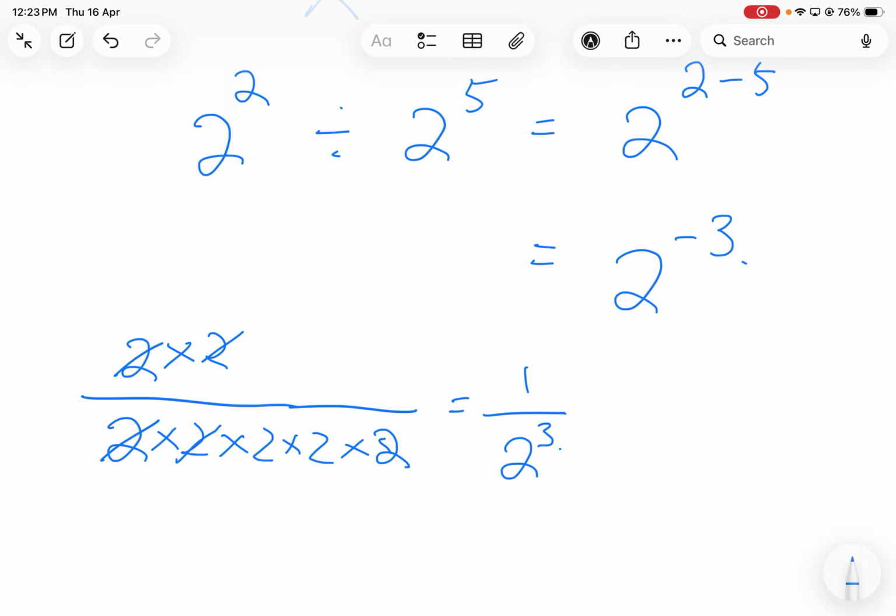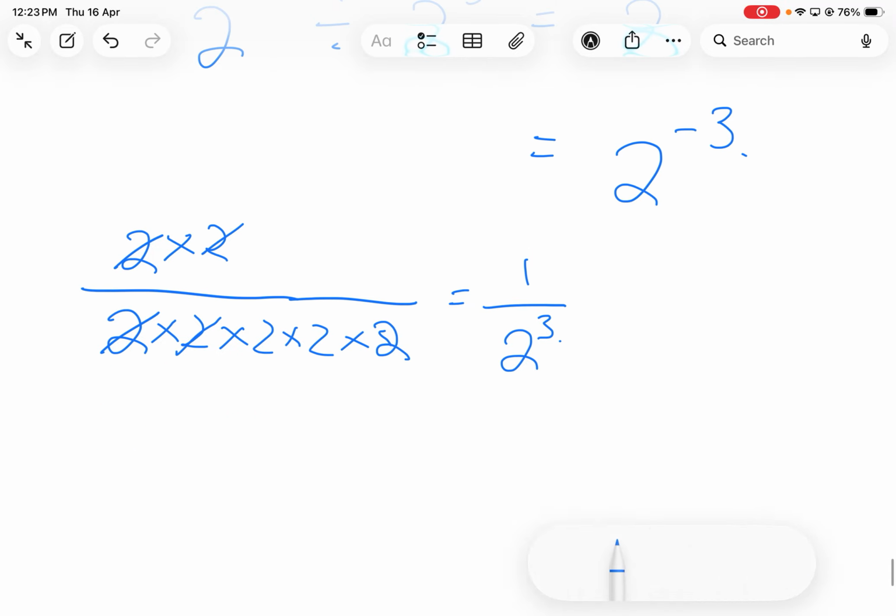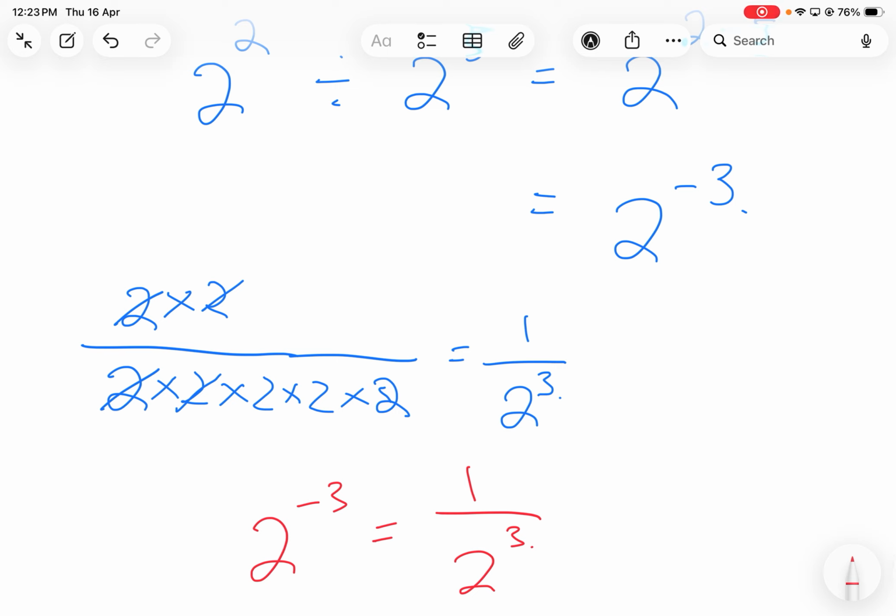What I wrote here is also 2 square divided by 2 to the 5. Can you all see that 2 to the power of negative 3 is the same as 1 over 2 to the power of 3? They are the same. When I divide 2 square by 2 power 5, I get 2 power negative 3, and I also get 1 over 2 power 3. So they are actually the same.